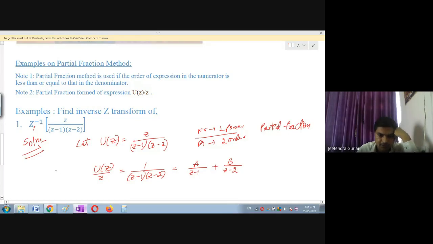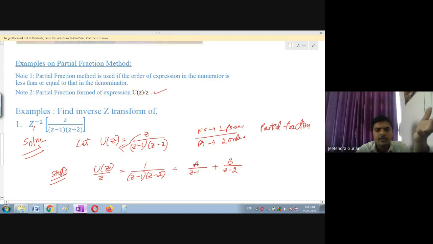So this is the first step you have to remember always. In partial fraction, you are going to take this as U of Z divided by Z. Partial fractions in Z transformation is always expressed by U of Z divided by Z. So I have taken this Z in the denominator. So U of Z upon Z is equal to 1 divided by (Z minus 1) into (Z minus 2), which is written in terms of partial fraction, students.